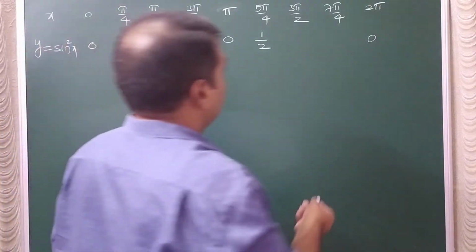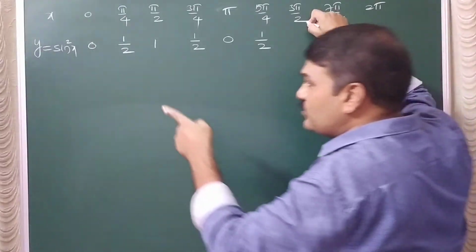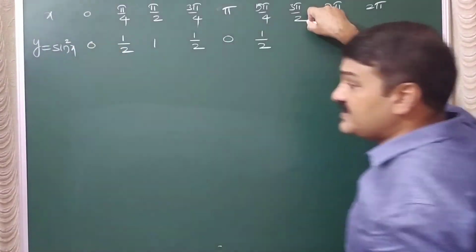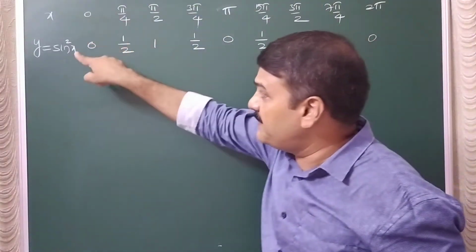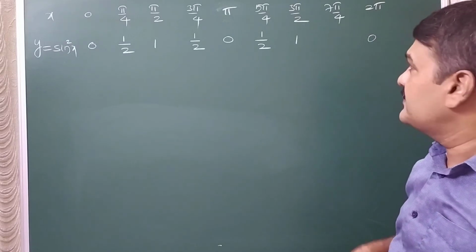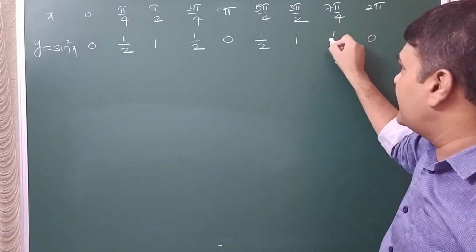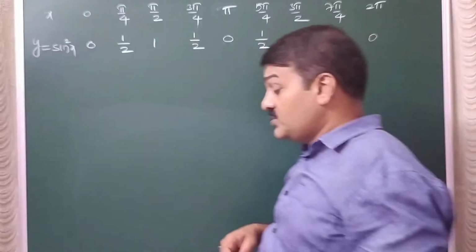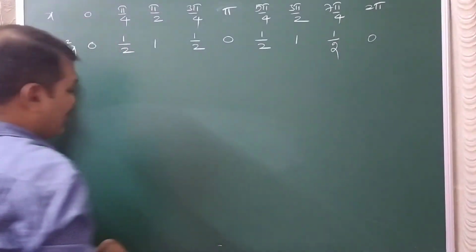For 3 pi by 2, sine 3 pi by 2 is minus 1, so sine squared 3 pi by 2 will be minus 1 whole square, you will get 1 only. For 7 pi by 4, again you will get 1 by 2. So sine square x cannot be negative, therefore you cannot get negative y values, it is always positive only.